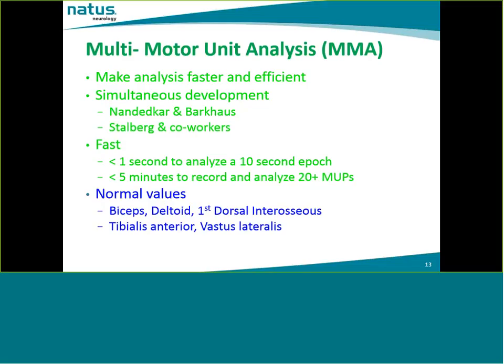They are also available for the tibialis anterior and vastus lateralis muscles, which essentially represent the L2 to S1 roots. Although the number of muscles investigated for normal values is small, they represent the more common muscles that are tested. Professor Stalberg and colleagues have also investigated other muscles, but the published data in the literature is available for these muscles.